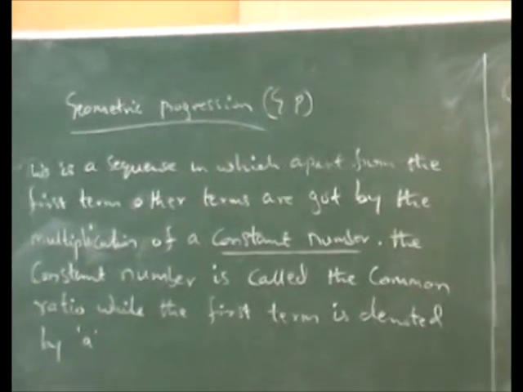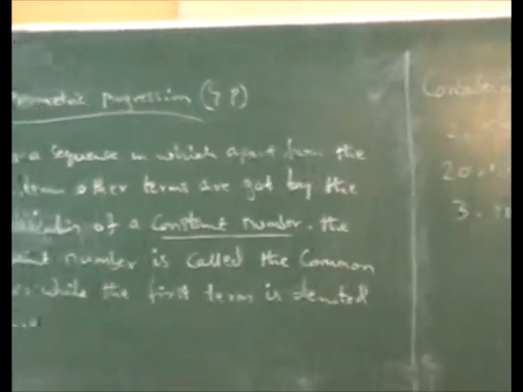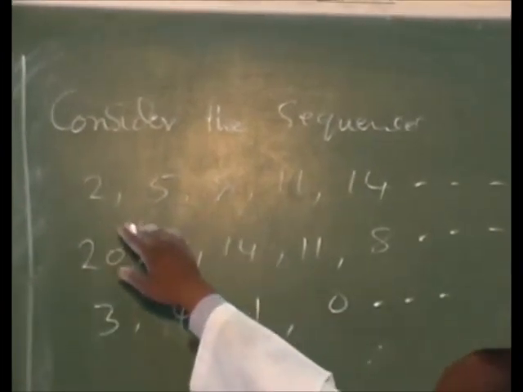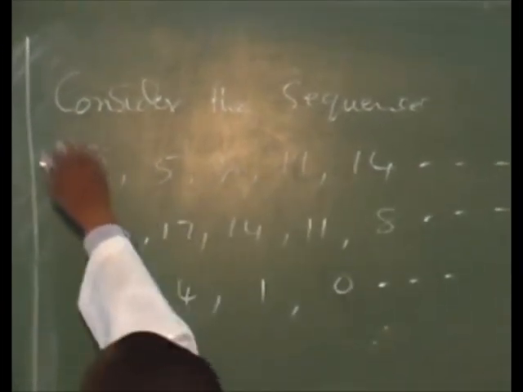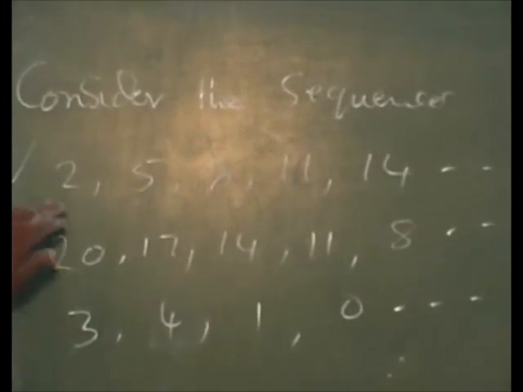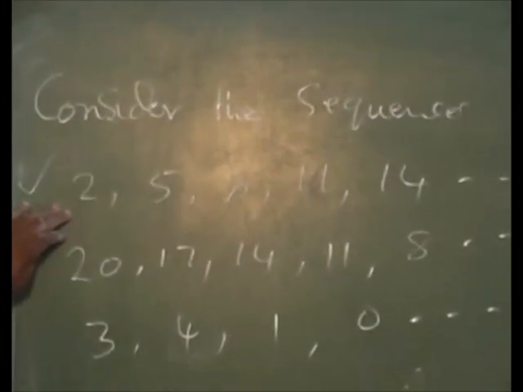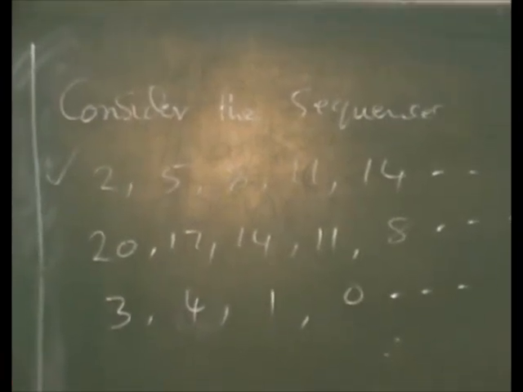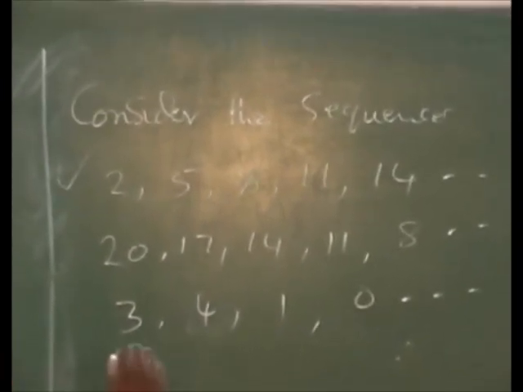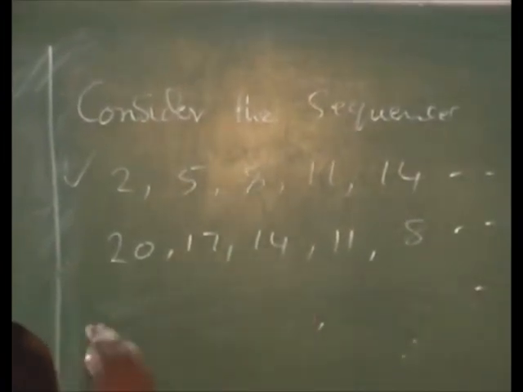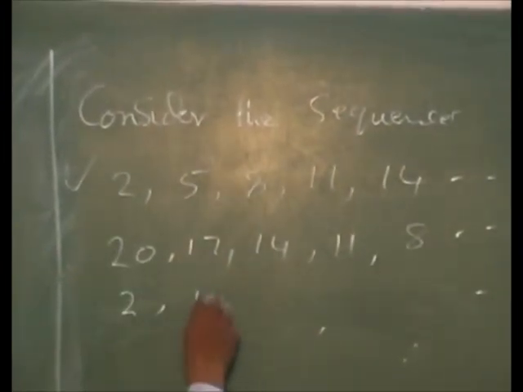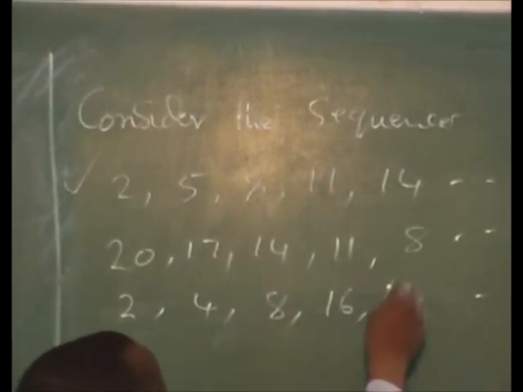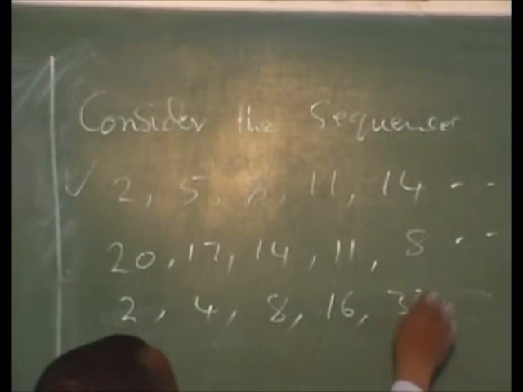Alright. Now consider these sequences. When we started, we brought this sequence. We say that this first one is AP, because apart from the first one, other terms are got by addition of a constant number. But in the third one we have 2, 4, 8, 16, and then 32.